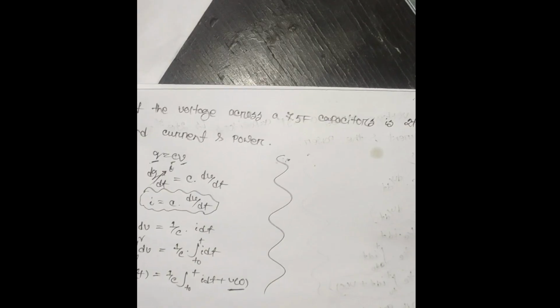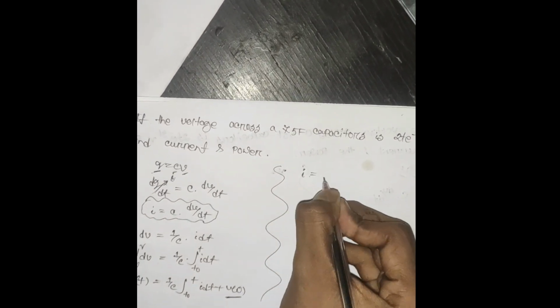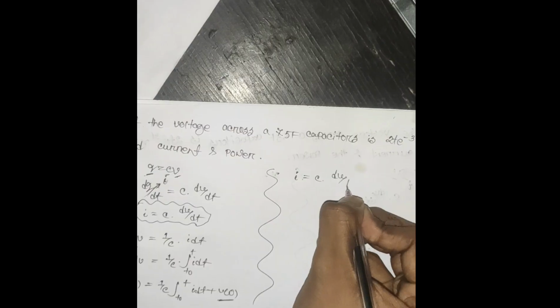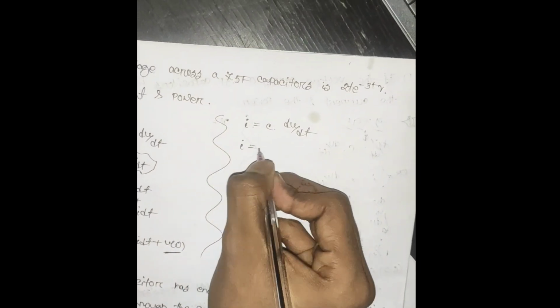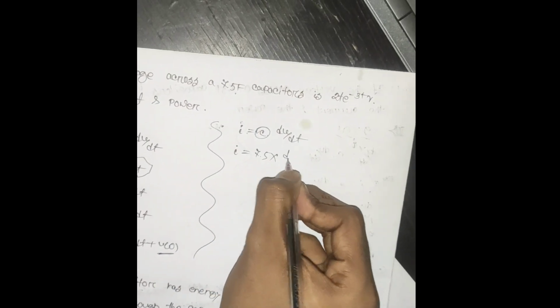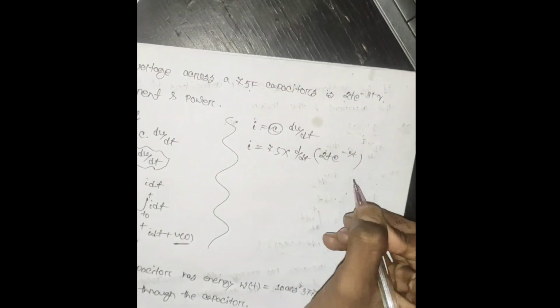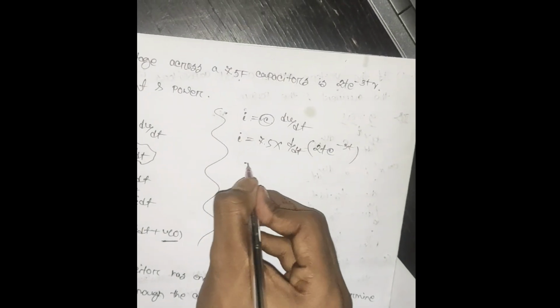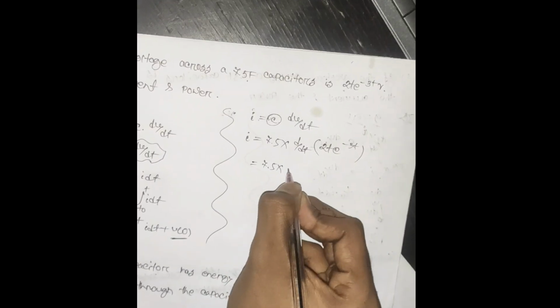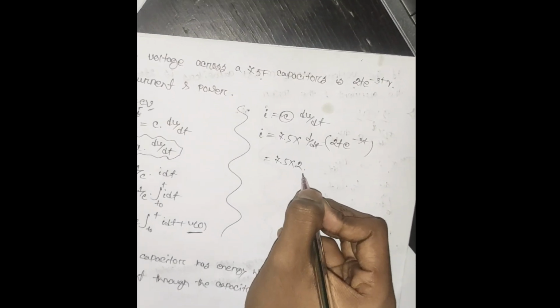So for this problem, let's just jump into that. Here the current i equals C dv by dt. So i equals 7.5 times d by dt of, what is the value of V? 2t e to the power minus 3t. Let's differentiate. The 7.5 will be constant, it will be outside of the differentiation.